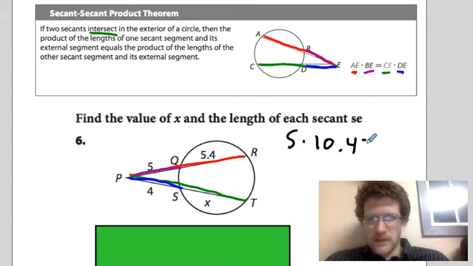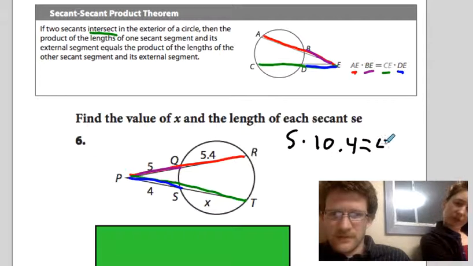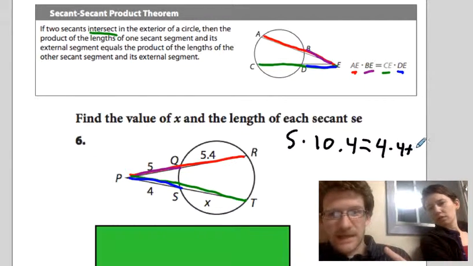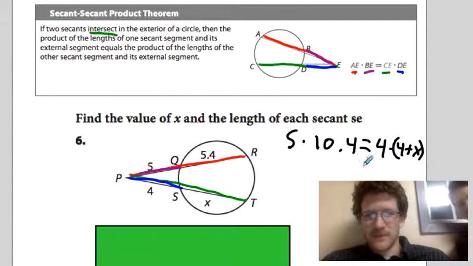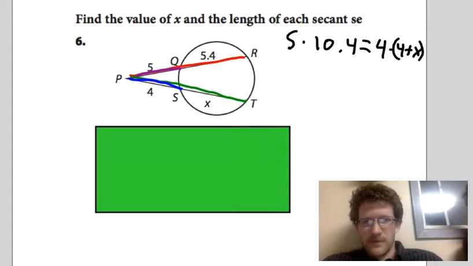That's going to be equal to 4 times 4 plus x, which is not 4x. 4x is 4 times x. Right, we're adding them. So we do a bunch of math with that.